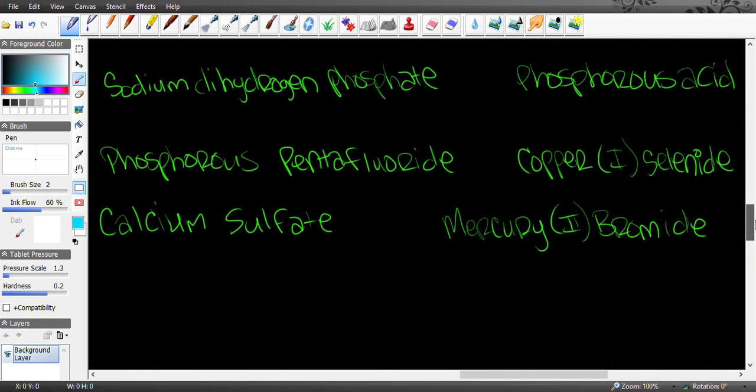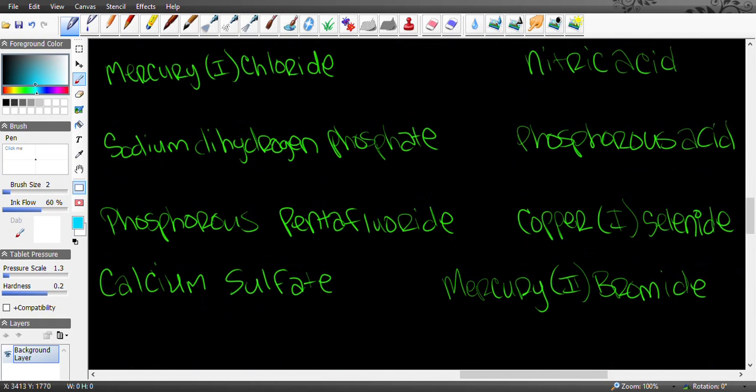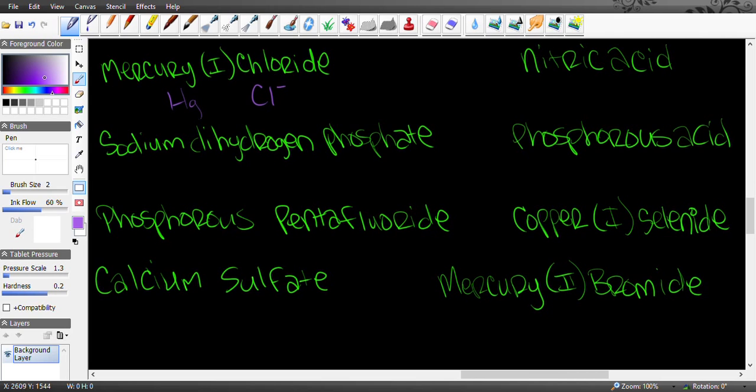All right. So let's work backwards here. We're given a name, and we gotta write the weird terminology that chemists use. Let's start with this. Chloride, Cl minus, right? Mercury, we know that's Hg.